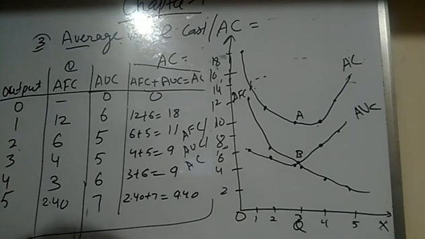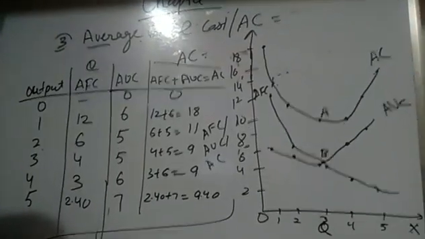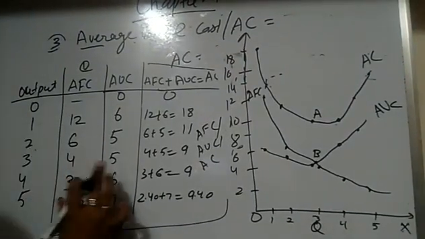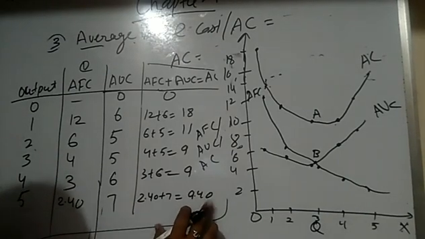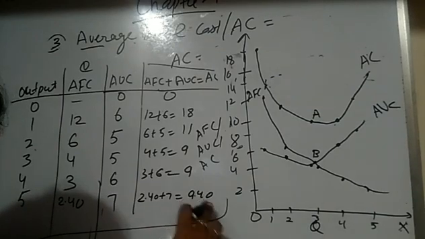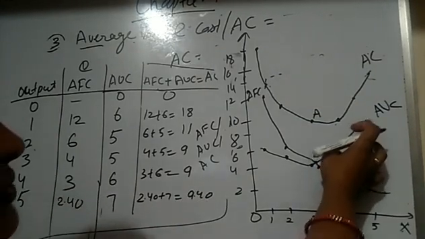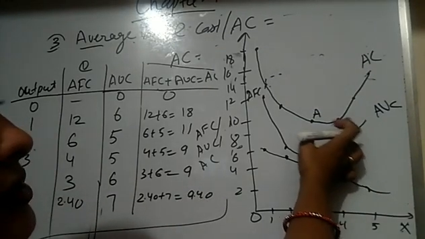After that, as output increases, the gap between AC and AVC curves decreases. See, as the output increases, the gap between AC and AVC, average variable cost and average fixed cost, is decreasing. Okay students, so see, average variable cost comes closer together with this AC curve.